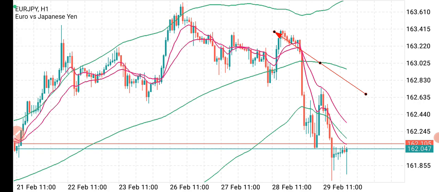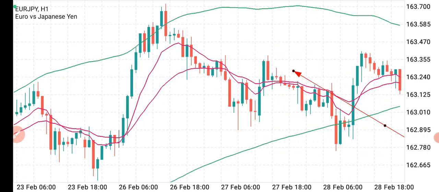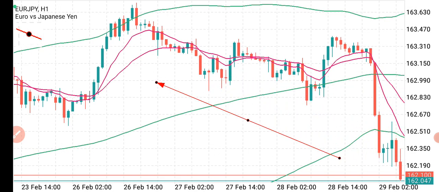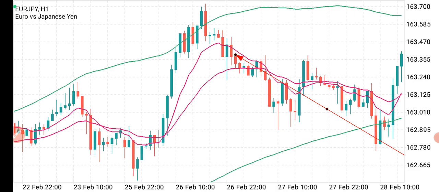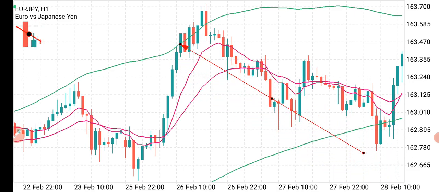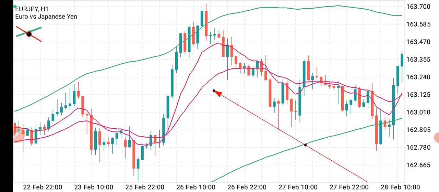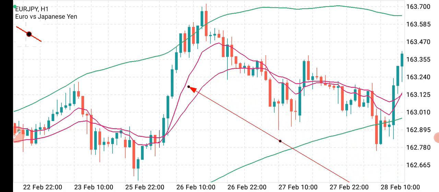Now, in order for us to take our continuation trade, as the case may be, we are looking for two types of candlestick. We are still looking for the same types of candlestick that we started with before.